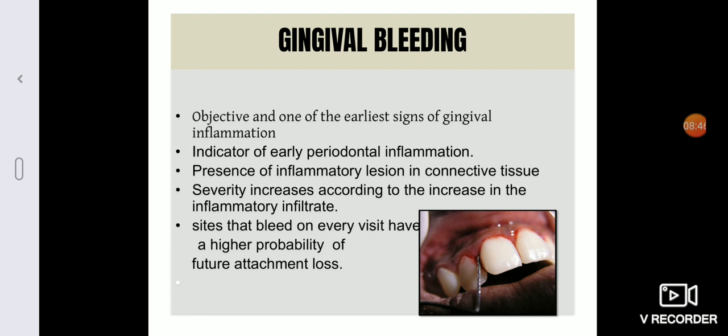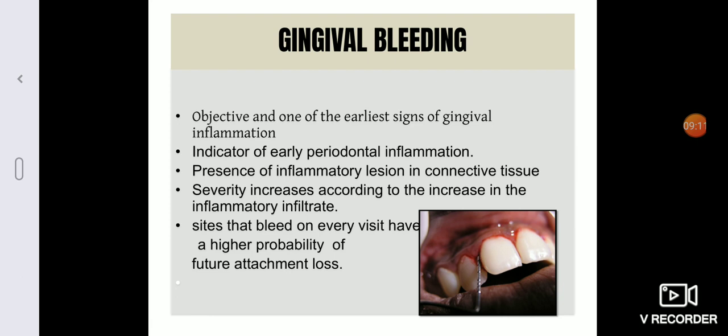So there may be some minute underlying changes in the tissues which may not be detected clinically. Now, in order to evaluate the presence of inflammation, we generally assess the color or swelling or increase in size of the gingival tissues. Bleeding on probing is performed using a periodontal probe, and this is an objective method of assessment.